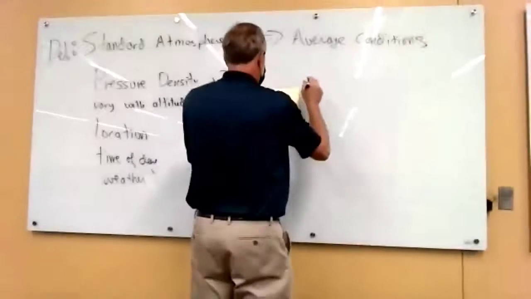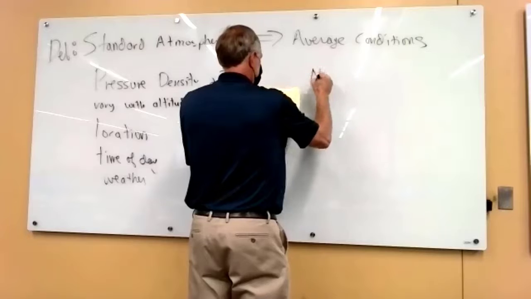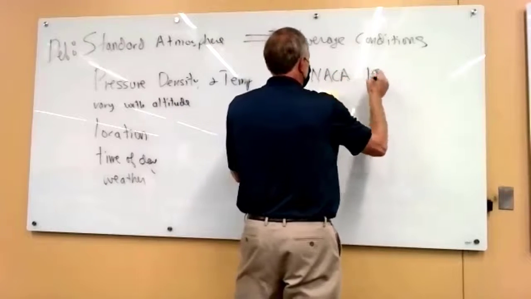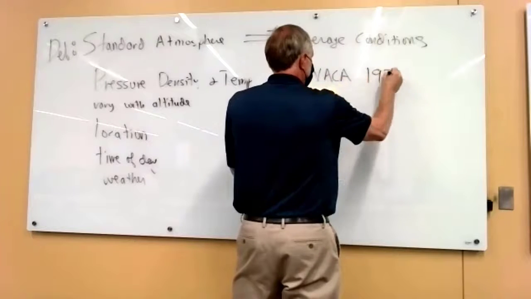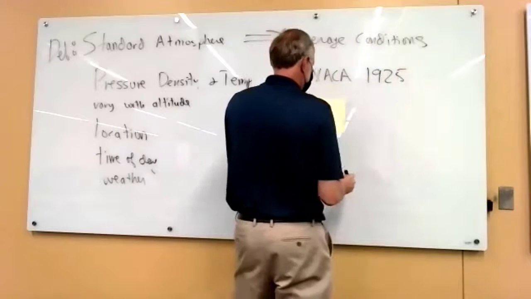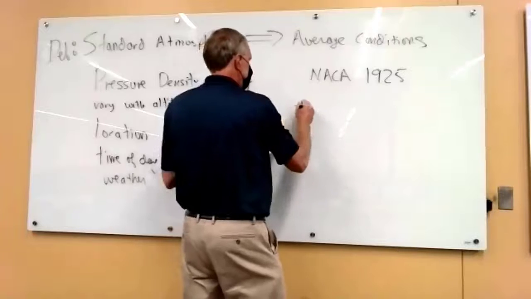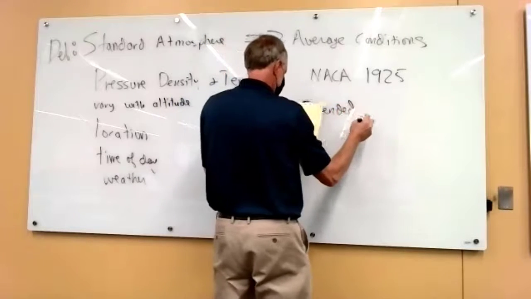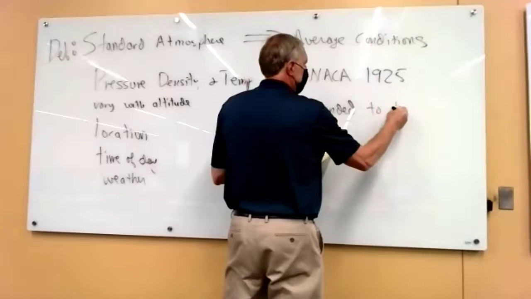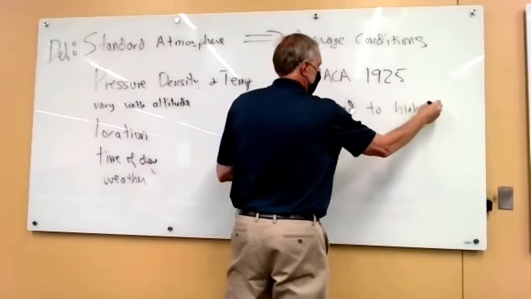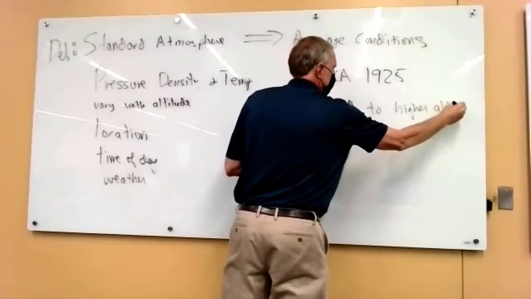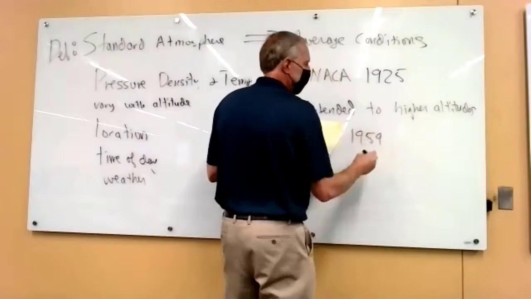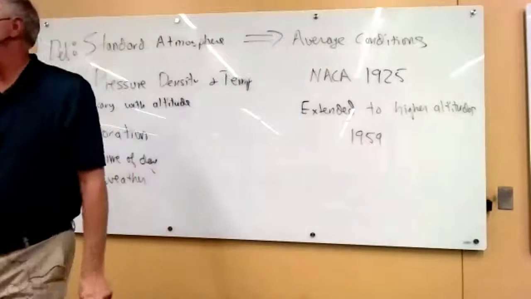And this was done as an NACA, National Advisory Committee on Aerodynamics, as we talked about, in 1925. And then it was extended to higher altitudes in 1959, which was related to the start of space flight.